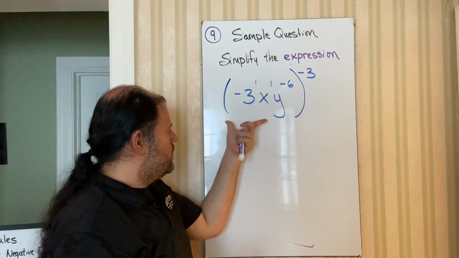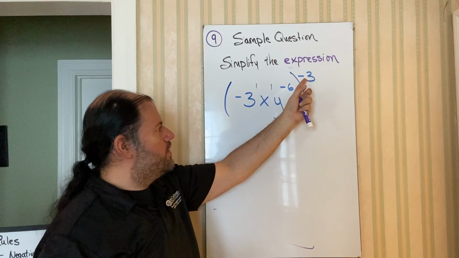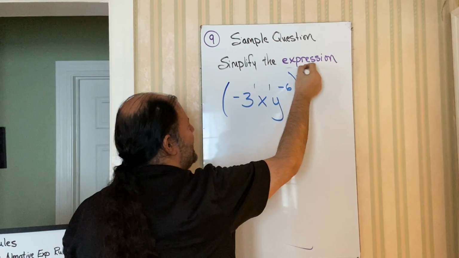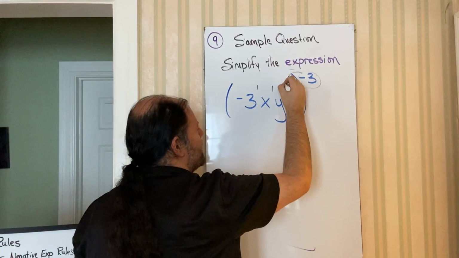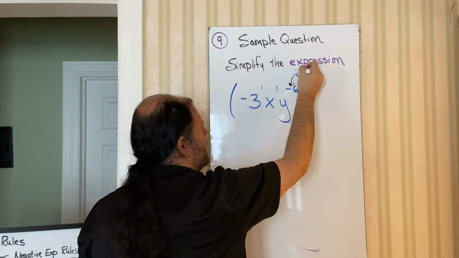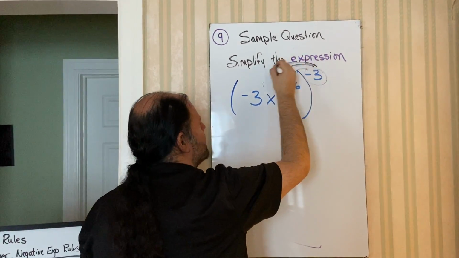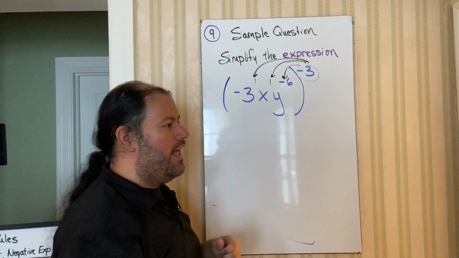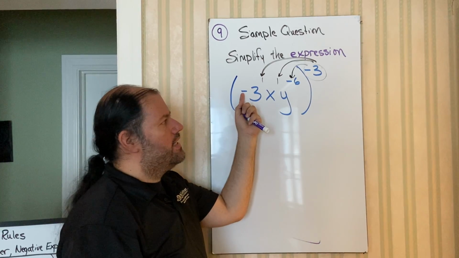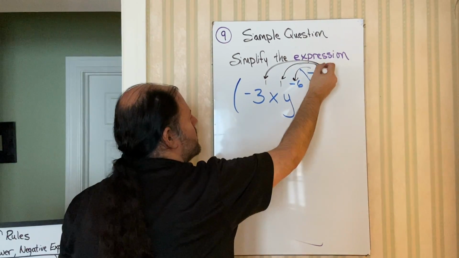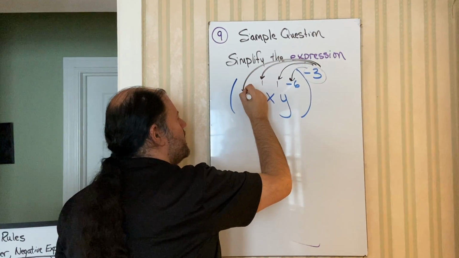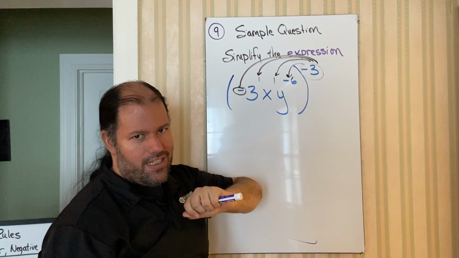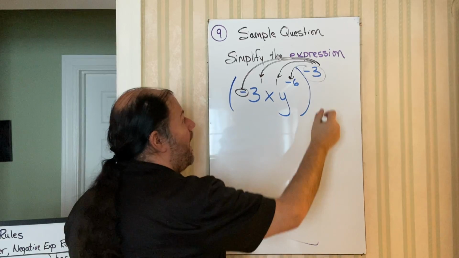Step 2, to get rid of these set of parentheses, we're going to distribute this outside exponent to all inside exponents, not to the base itself. Exponent to exponent, exponent to exponent, exponent to exponent, and any signs. So notice there's a negative right here. This, even though it's a negative number, is still an odd number.